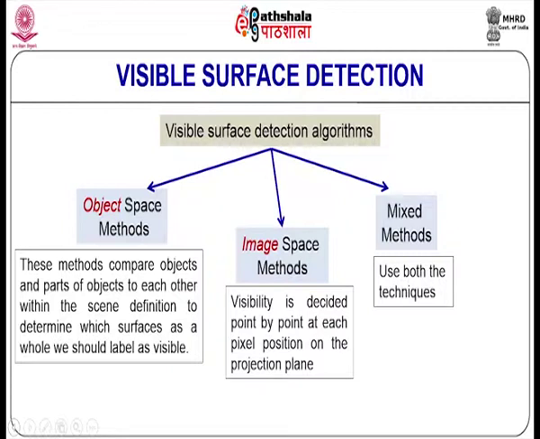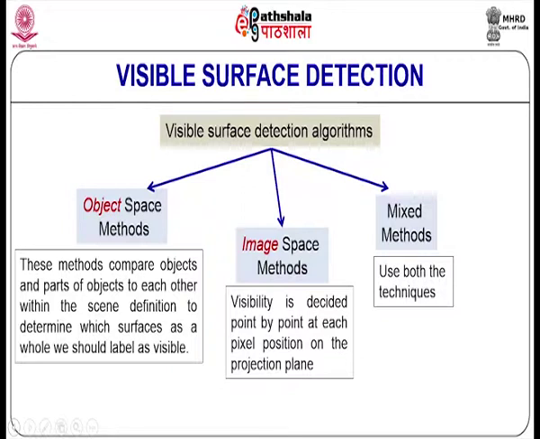Whereas in the case of image space, we will take a projection of the 3D world onto a 2D plane. So that means we assume that we are viewing from some position, and at the position where we are viewing, we imagine a 2D rectangular plane, and we assume that the 3D world is projected onto the 2D plane, and we then try to see what should be the final value at each and every pixel position from the given viewing position.